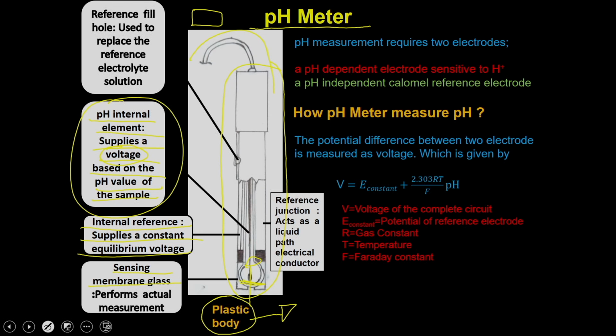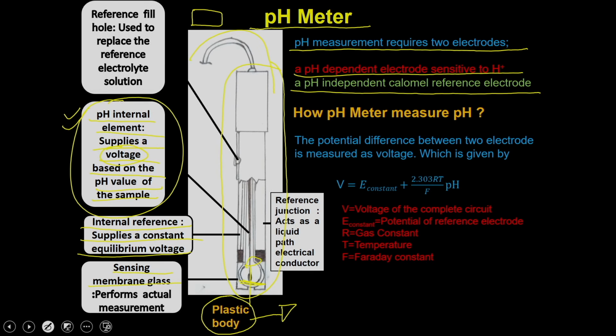So how does the pH meter measure the pH of a solution? pH measurement requires two electrodes: a pH dependent electrode sensitive to the H plus ion, which is this electrode, and then a pH independent calomel reference electrode, which is this one.